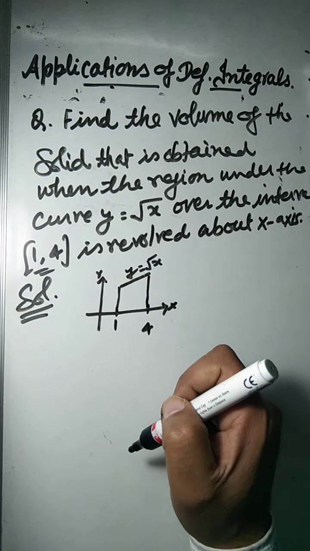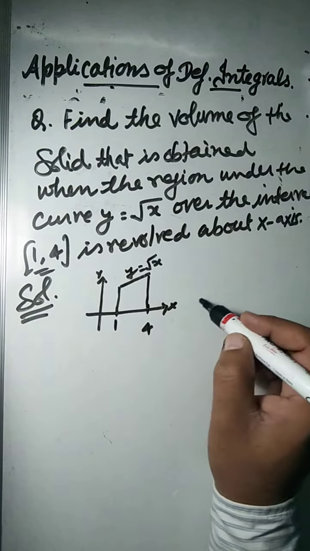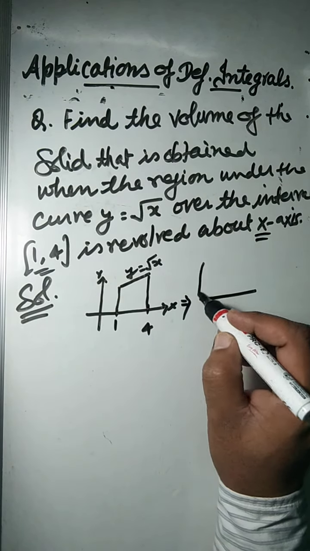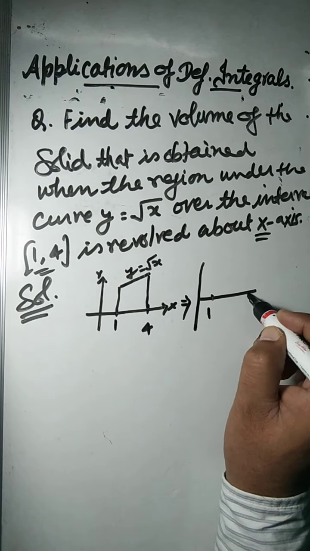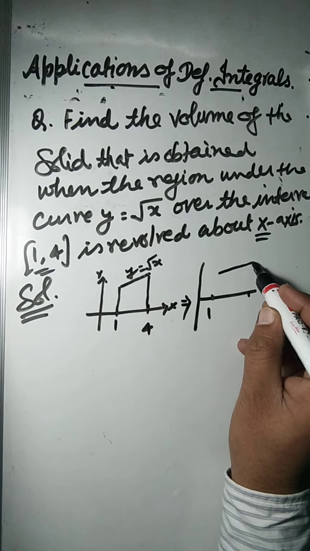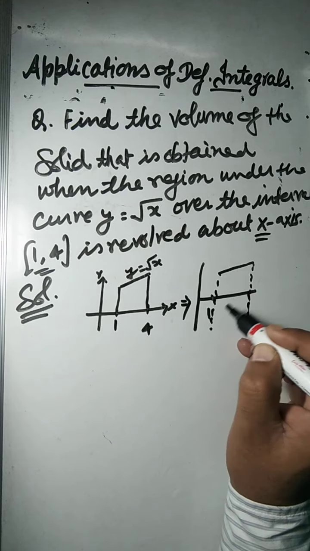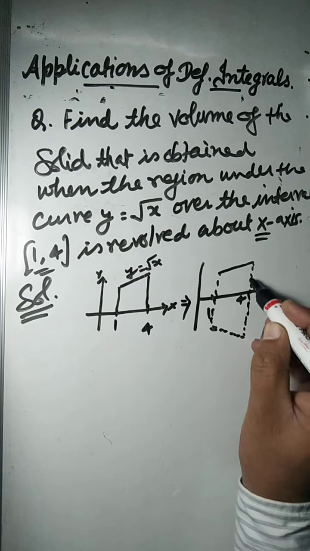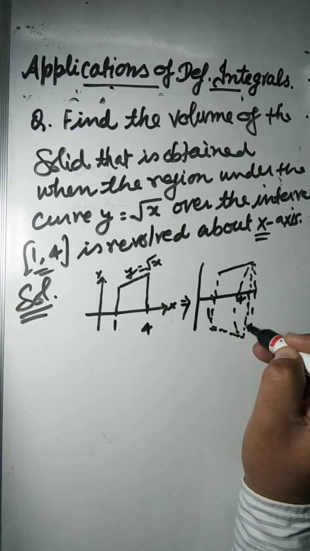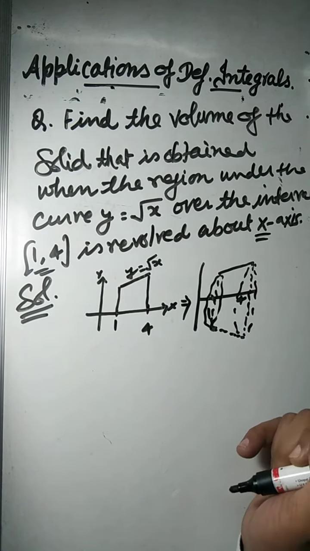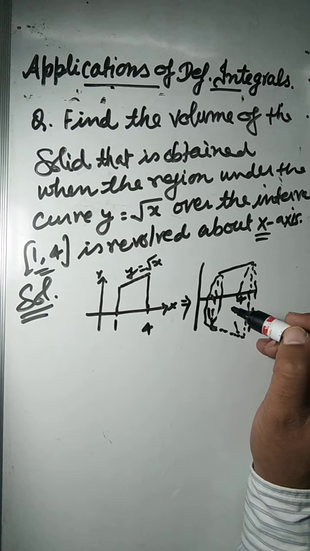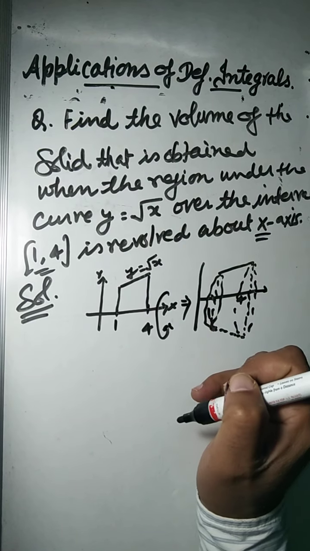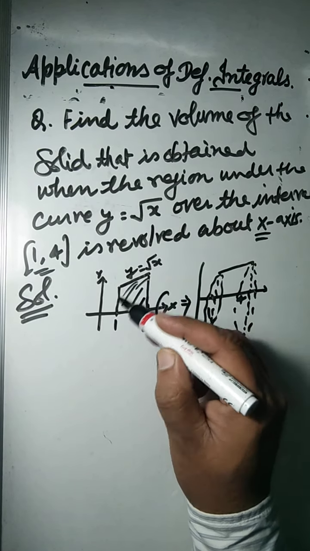Then if we rotate this curve around the x-axis, we obtain a figure like this. The curve is bounded in between this.